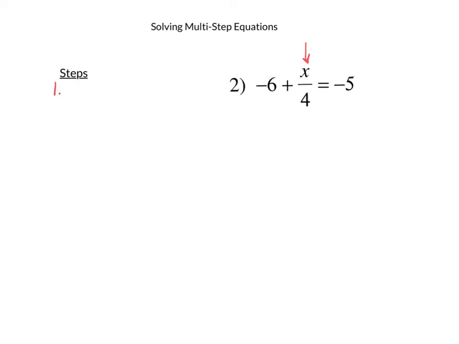So it's -6, so we're going to add 6 to both sides of the equation. So we're going to add 6 here and add 6 here.